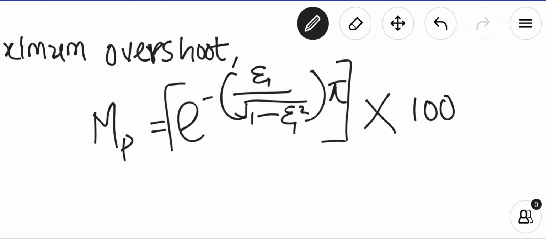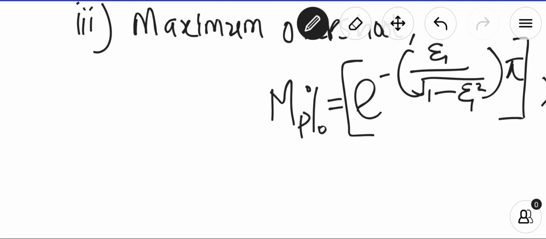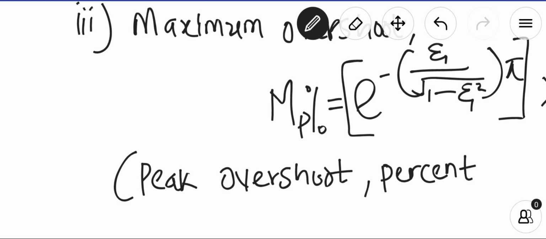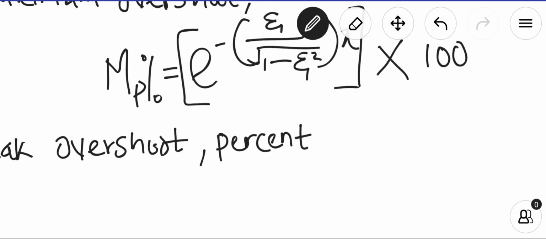This times 100 is in percentage. Maximum overshoot is also called peak overshoot or percent overshoot.